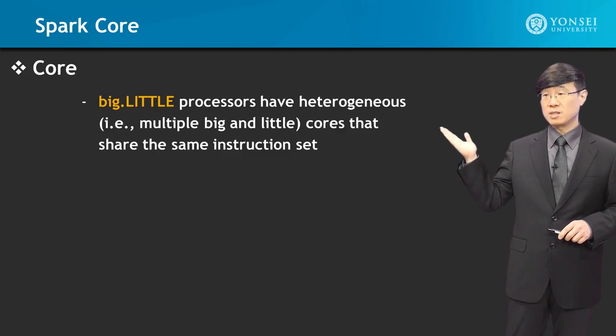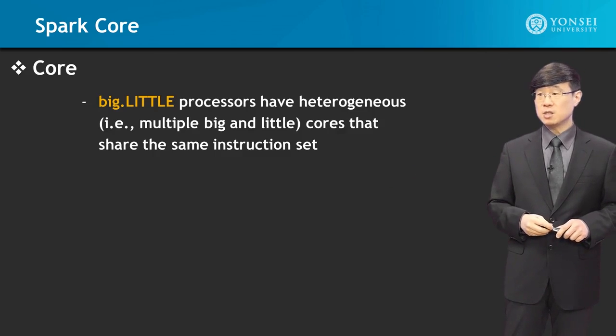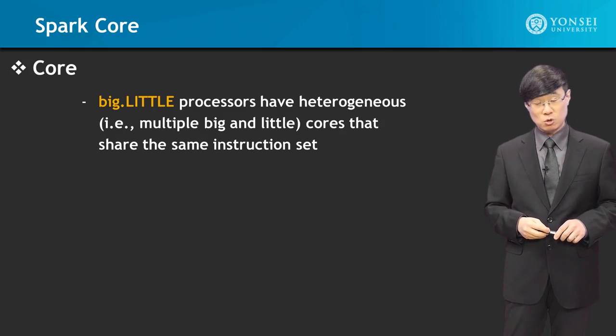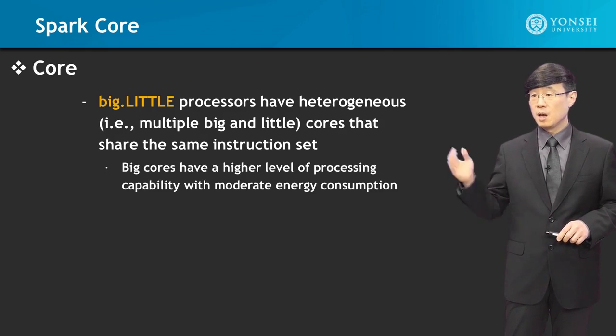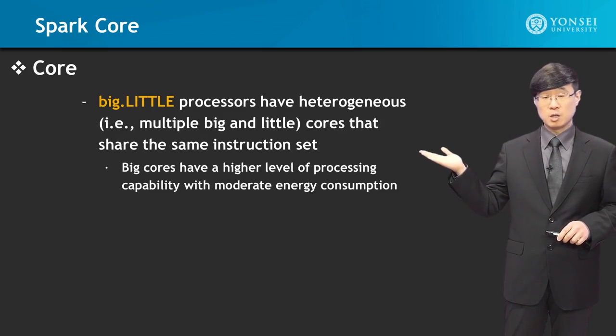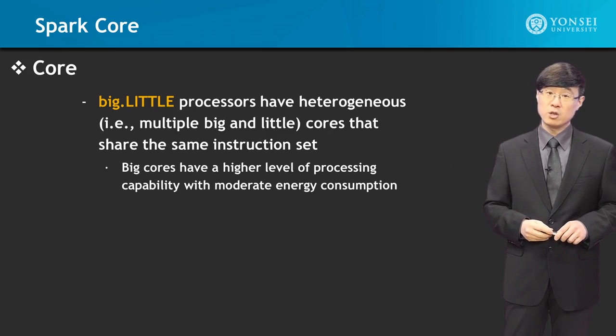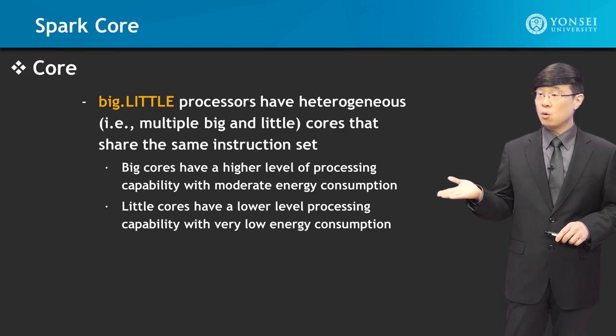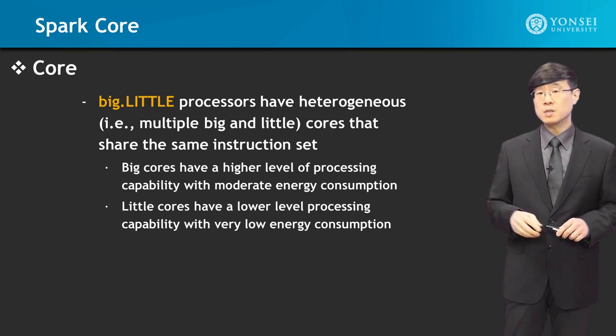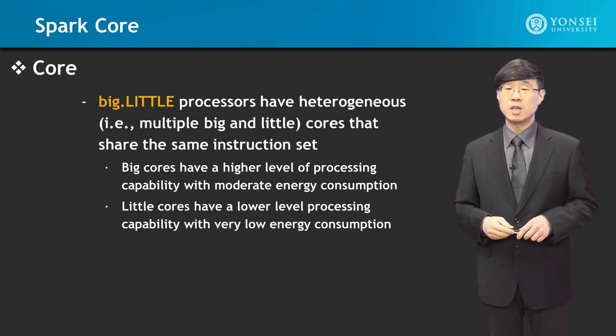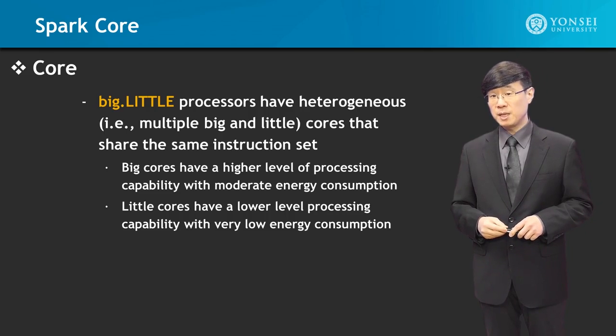A big-little processor has heterogeneous cores that share the same instruction set. Big cores have high computing capability and use relatively more energy than the little cores do, and the little cores have much more energy saving capabilities, but they are slower.